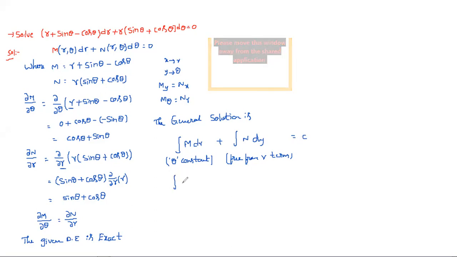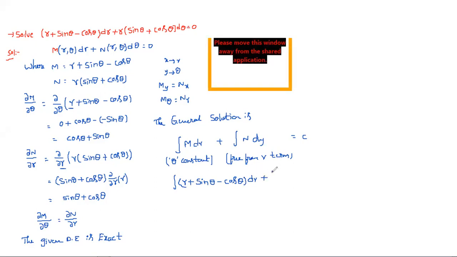So here you can substitute M. M is nothing but, as per the given problem, r plus sine theta minus cos theta dr, plus integral N d theta. But we should choose the terms from N without having r.